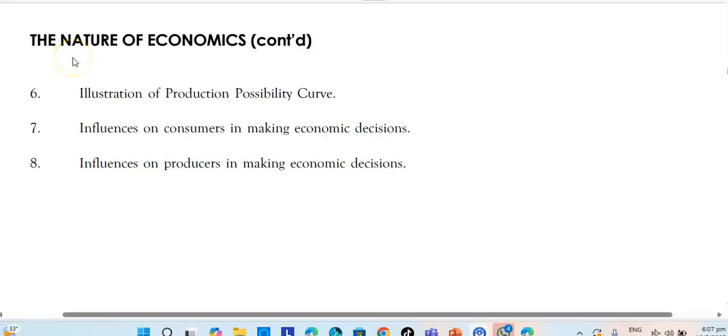Another factor that we could think about, and I think this is going to be my last one. Now we're going to look at how prices of goods and services influence producers in making economic decisions. Why do you think that the price of goods and services matters to producers? Why does that matter?